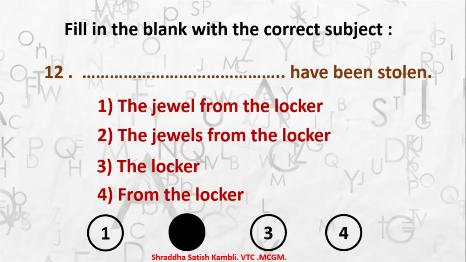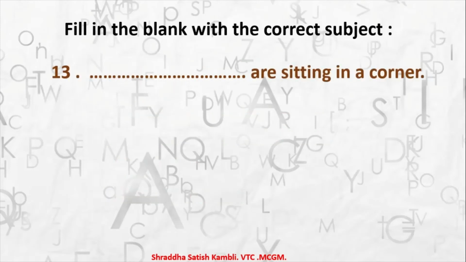The jewels from the locker have been stolen. Now don't get confused with the first. When you say have, it should be jewels. If it was has, then we could have written the jewel from the locker has been stolen. But since it is have, we have said jewels. Coming to the next one. Dash are sitting in a corner.